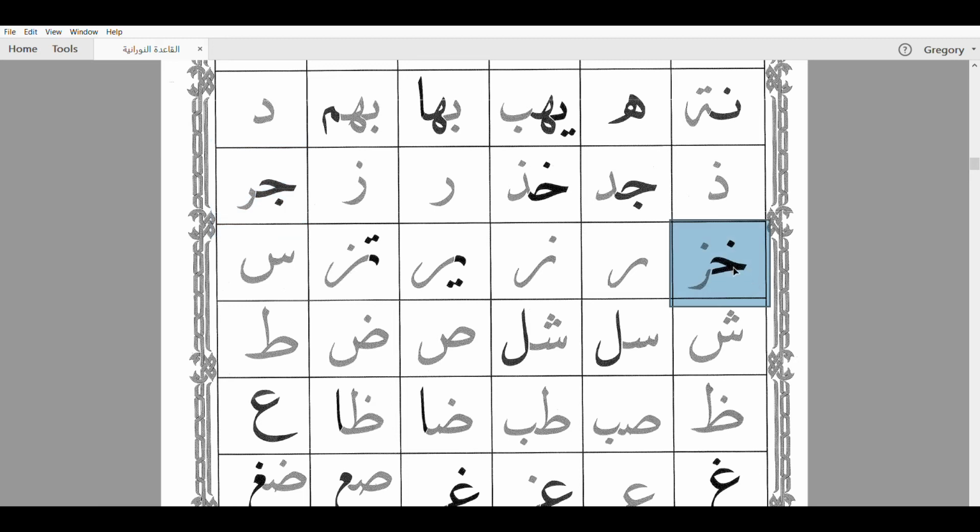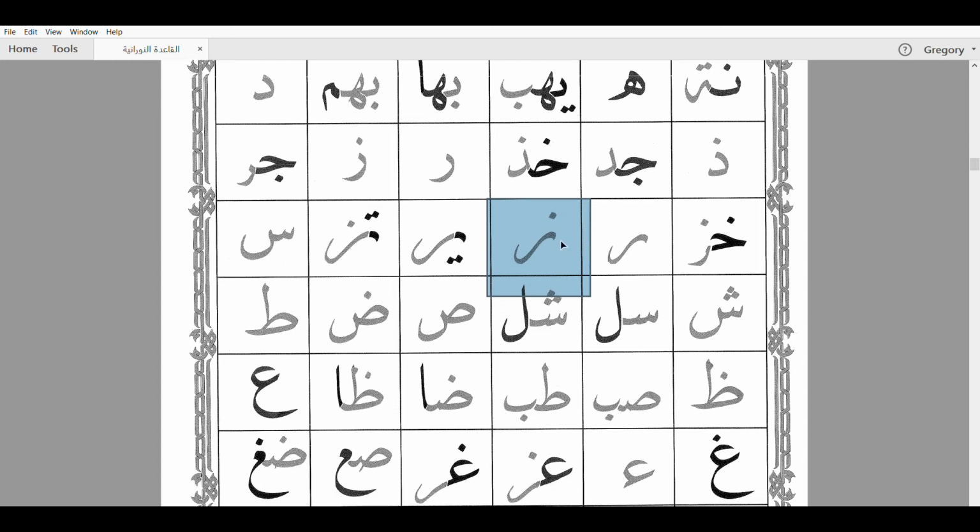This one? Yep, kha. No, the dot. The dot is very jazzy, right? Khaza. Yep, khaza. There's another ra and another za, but it's just written as if there's a word connected to it back here.